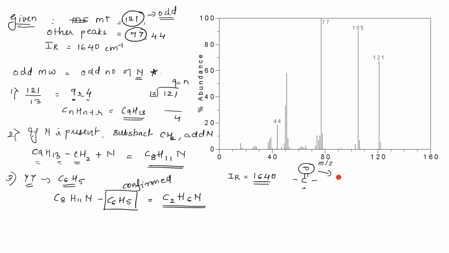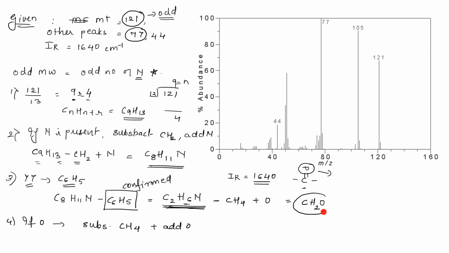It contains oxygen. Now we have studied that if oxygen is present, you subtract CH4 and add oxygen. So from this value, we subtract CH4 and add one oxygen. You subtract CH4, so you get CH2 and O, and N is also there, so CH2NO.